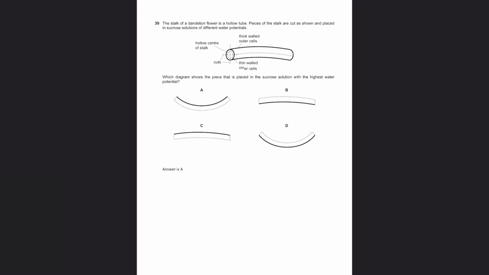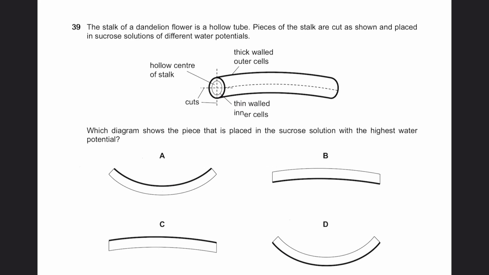Let's move on to MCQ number 39. This is a very good MCQ. The stalk of a dandelion flower is a hollow tube. Pieces of stalk are cut as shown and placed in sucrose solutions of different water potentials.